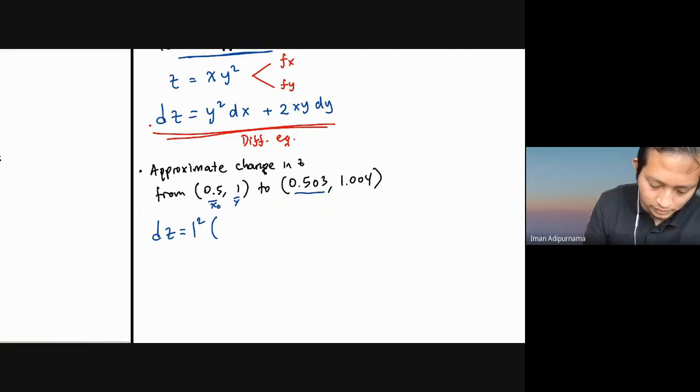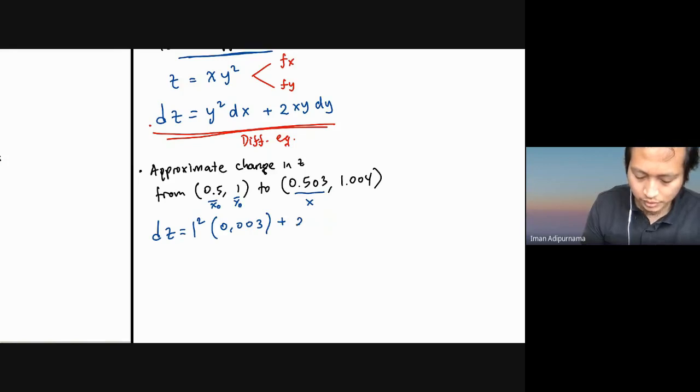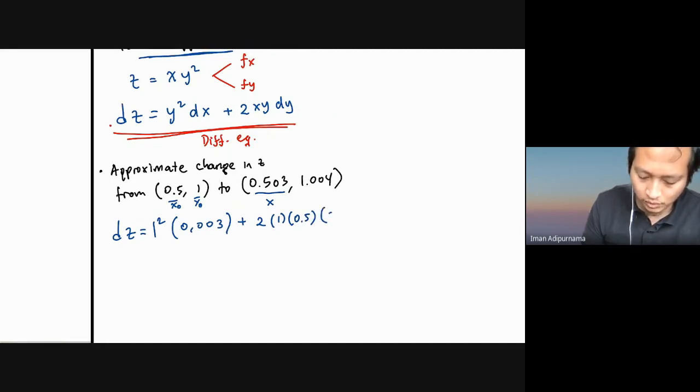Let's say this is x0, y0, this is x. So this will be x minus x0, or the difference between the point that we want to approach and the first initial point. Okay, so this will be 0.003 plus 2, and then multiply with 1 and multiply with 0.5. And the difference for the second one is 0.004.